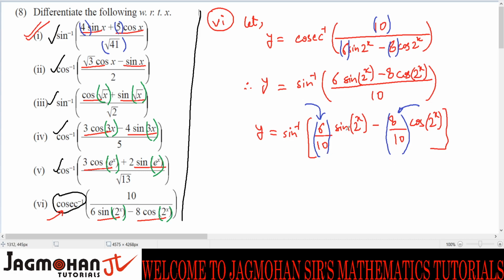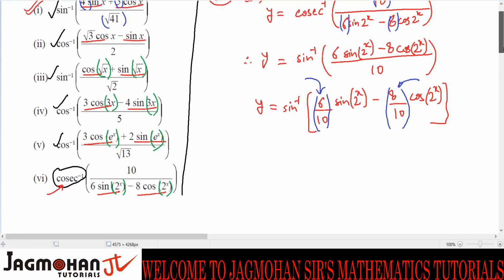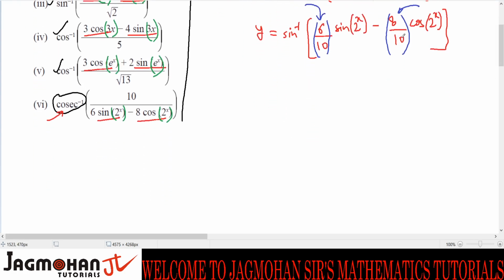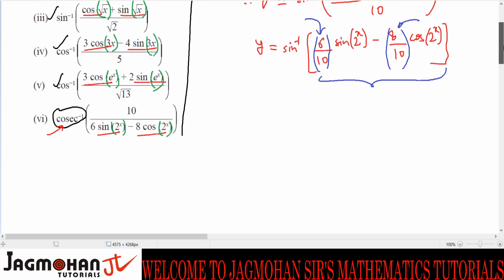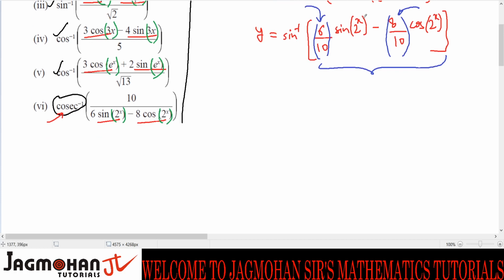Now here, since I have sine inverse outside, I will try to get the compound angle formula of sine inside. I want to get sine of a minus b or sine of a plus b inside. Now you know for the sine formula you should have one sine and one cos. Now see here, 6 upon 10 is multiplied to sine of 2 raised to x. So I will take this as cos theta, because I want one sine and one cos.